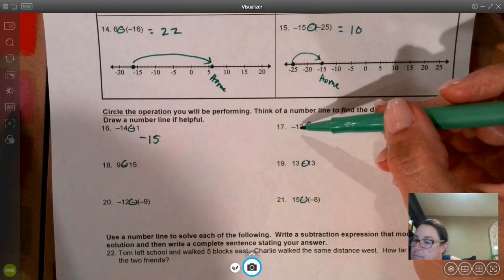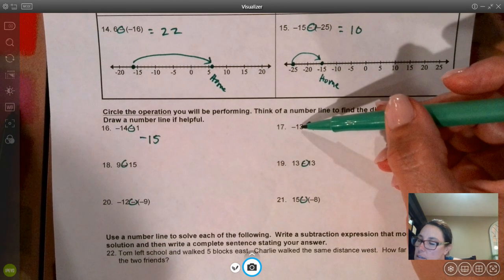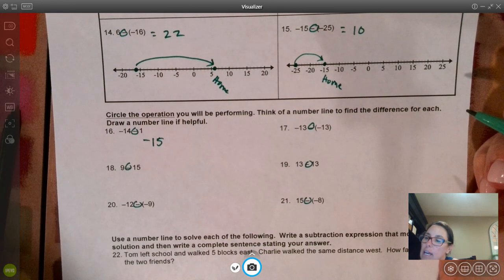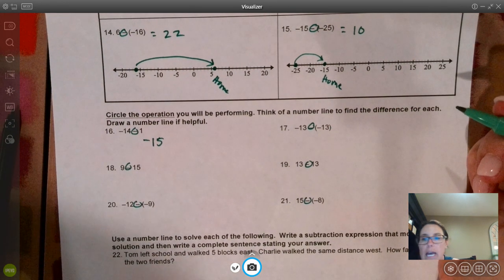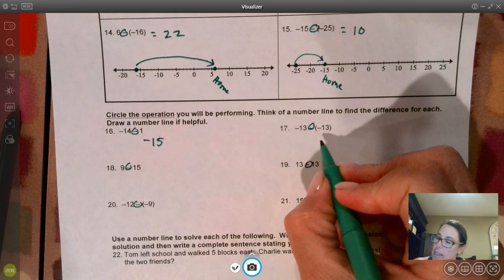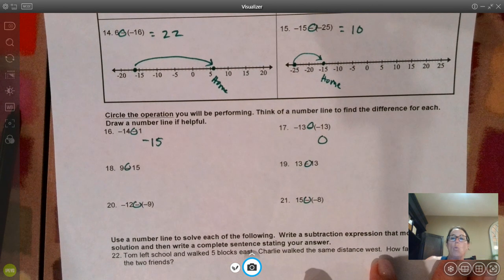This guy, negative 13, and if I put a negative 13 on a number line, that one's just like that one that we had, what was it? Negative 3 minus a negative 3. This would be nothing. Okay, we would go nowhere on a number line, okay?